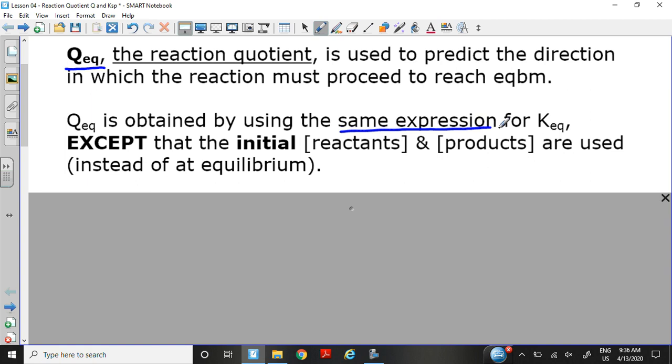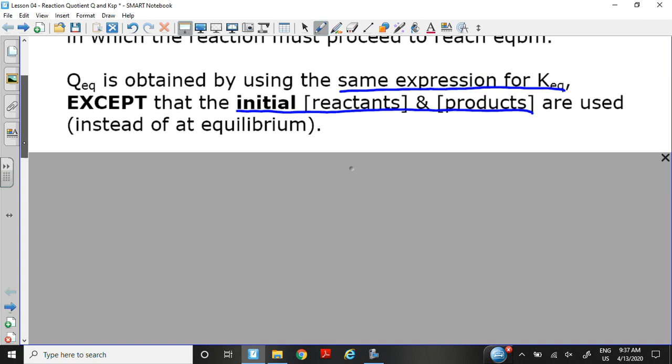So you write your products on the top, reactants on the bottom. Exponents work the same way with the coefficients. But when we used K_EQ, everything was at equilibrium. For Q_EQ, you're going to use your initial concentration of reactants and products. So that's something different. Not at equilibrium, it has to be initially.